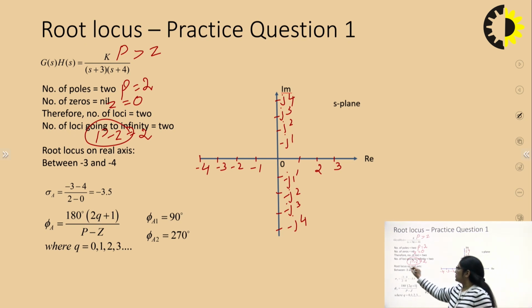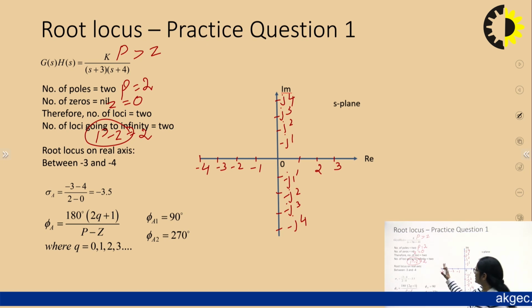Now, the root locus on the real axis. How do we find out the root locus on the real axis? The root locus on the real axis here is between -4 and -3. This means that the sum of the poles and zeros on the right should be an odd number. So, when I look from -3 towards the right side, the number of poles plus zeros is 0.